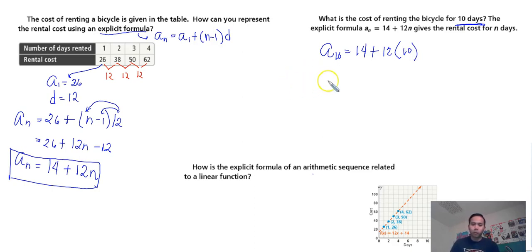By just calculating that, a10 is equal to $134. So you can now say that it costs $134.